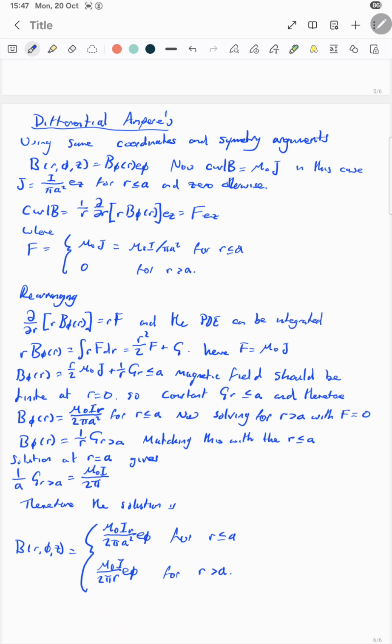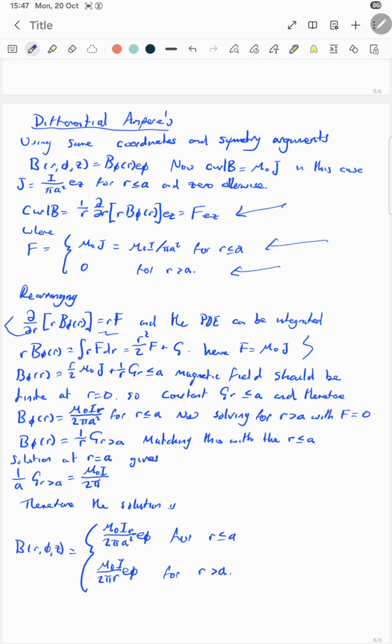And so for r less than or equal to a and 0 otherwise, curl of B equals this, where f is 0 for r greater than a and this otherwise. So rearranging, we get our rf, and the PDE can be integrated to give this here, where f equals the permeability and the current density.